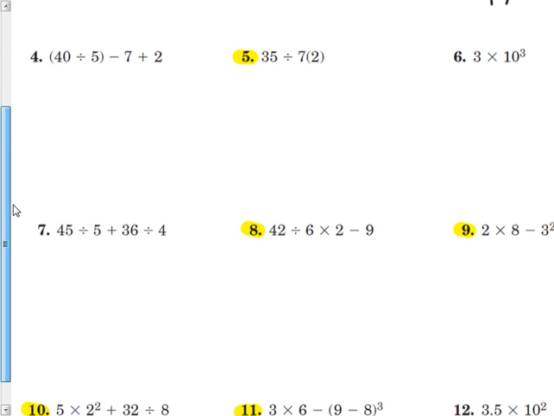Here we go. I'm looking at problem 5 here. I have 35 divided by 7 and parentheses 2. And I look at this example because it's an example, as we talked about, when you see a parentheses, but it doesn't really tell us to do something first. There's nothing inside the parentheses, it's just a 2. What the parentheses is telling us in this case is that this is a multiplication problem.